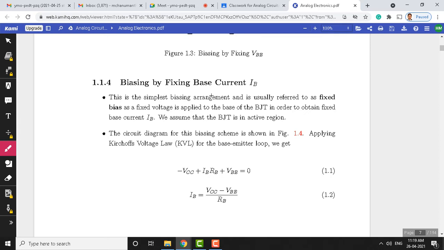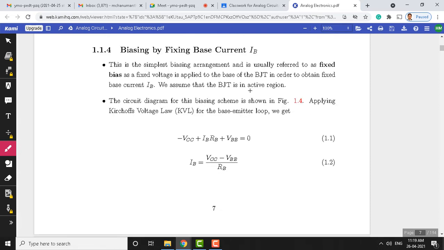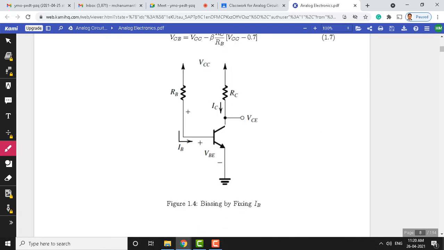The next type of biasing is biasing by fixing base current. Let us see how we maintain constant collector current in spite of variations of BJT parameters. The circuit diagram for fixing base current is as shown here. This is again another biasing circuit.